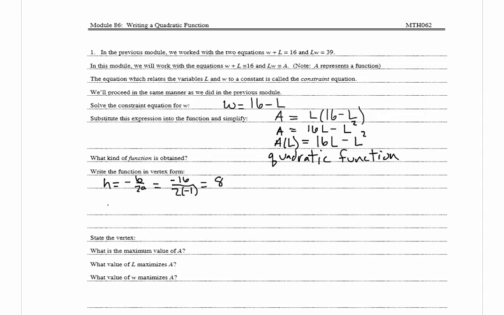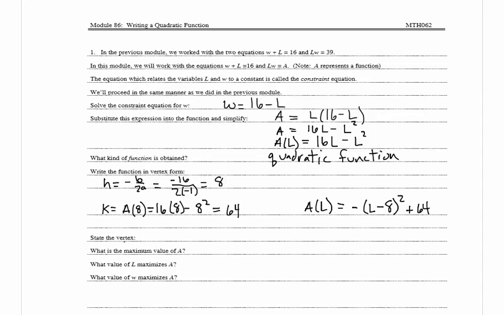And we also need to find k, and k is equal to A of 8, which is equal to 16 times 8 minus 8 squared, and this is equal to 64. So in vertex form, A of L is equal to negative L minus h, which was 8, squared, plus k, so plus 64.